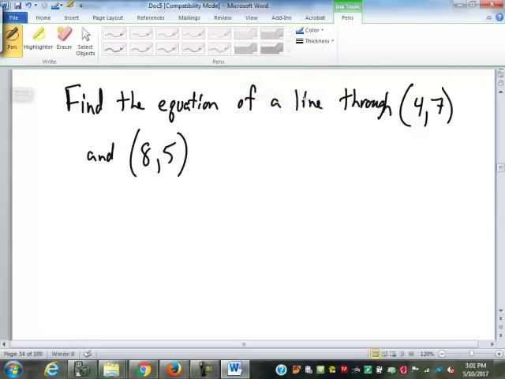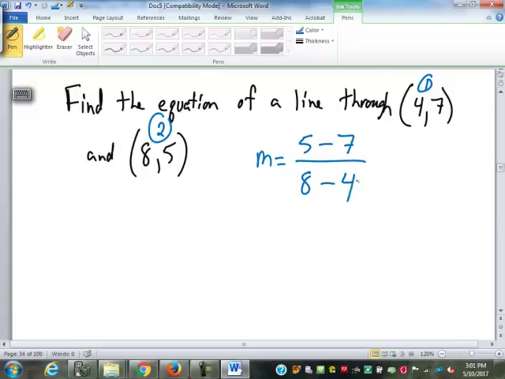Well, the first thing we have to do is to find the slope. So the slope, I call this point 1 and point 2. Remember, on top, it's y2 minus y1. So what's going to go on top up here? 5 minus 7. Good. On bottom, it's x2 minus x1. So what goes on bottom? 8 minus 4.